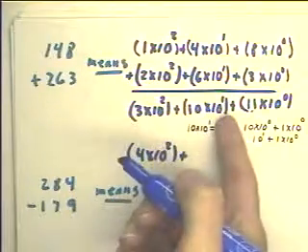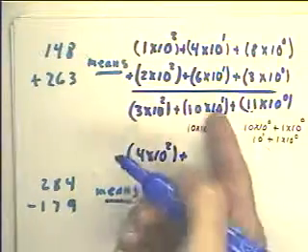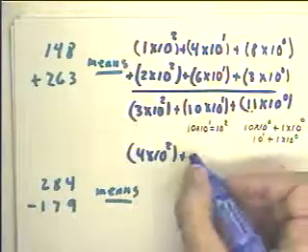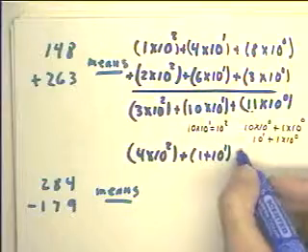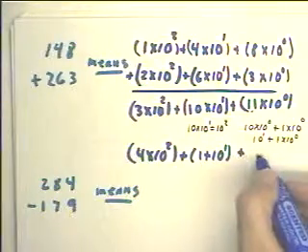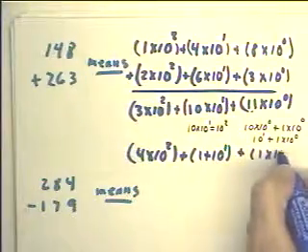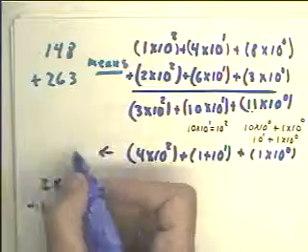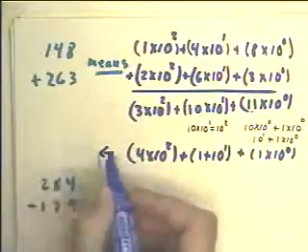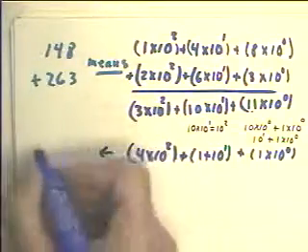Now that leaves us no 10 to the first here, but we got one from here, so we have 1 times 10 to the first, and then plus 1 times 10 to the 0, which now translates back into our sum, which in this case would be 411.